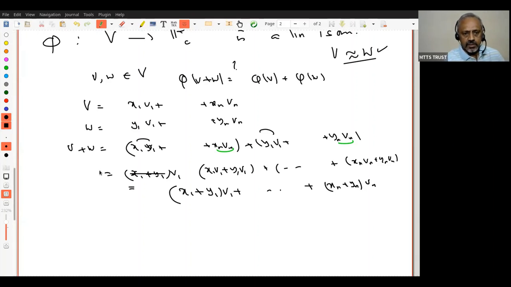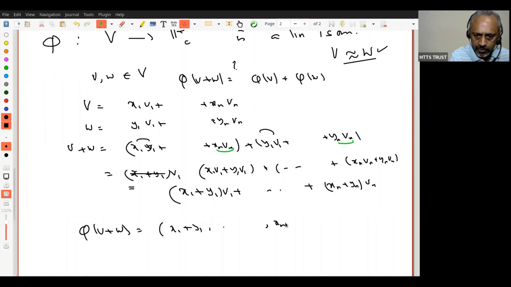Now notice that this v plus w is written as a linear combination of the basis vectors v1 to vn, and we know this expression is unique. Therefore, what will be phi of v plus w? That will be x1 plus y1, etc., xn plus yn. Do you understand this?